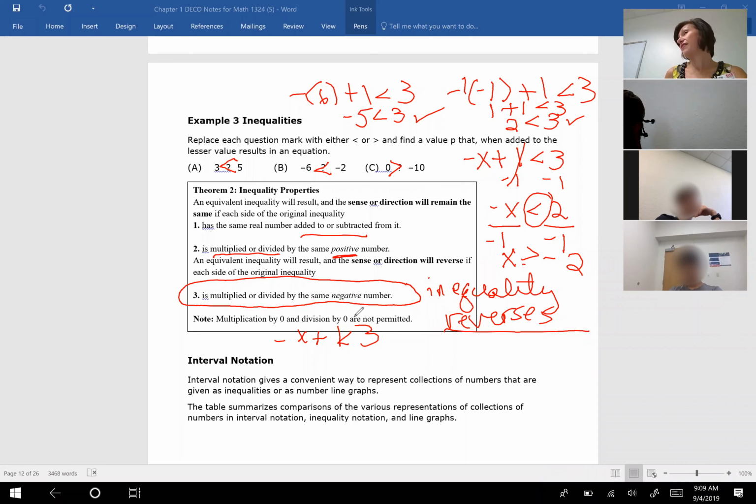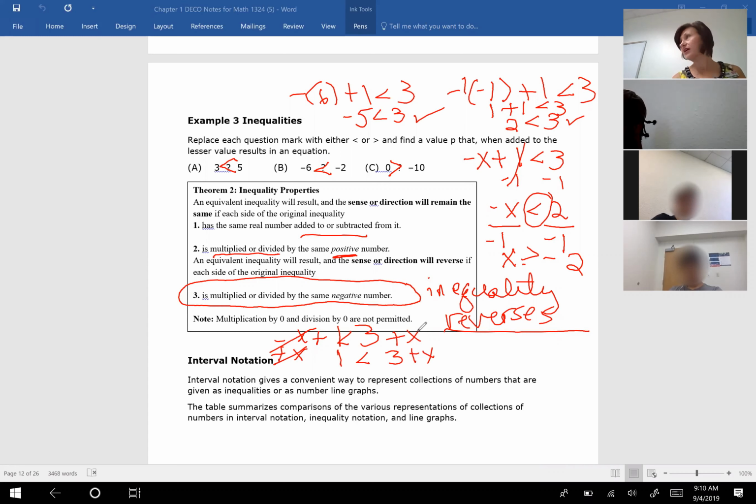What would make it go away on the left? If it's a -1x, I could do what? Add 1x, right? So if I add x to both sides, it cancels over here, and I would have 1 is less than 3 plus x. Now, I would do what to get rid of the 3? Because I want to get x by itself.